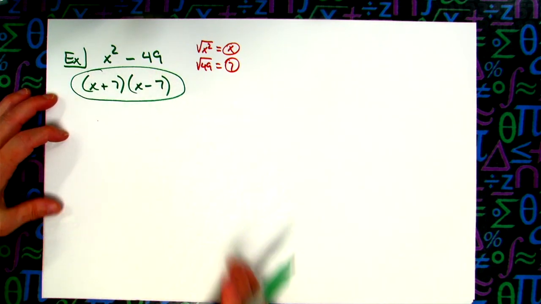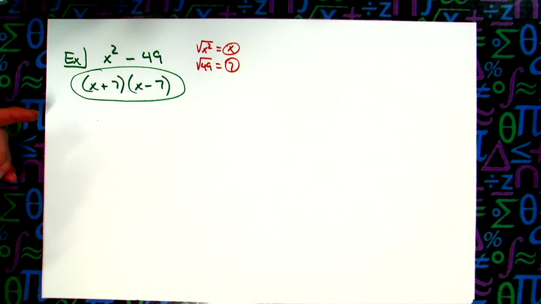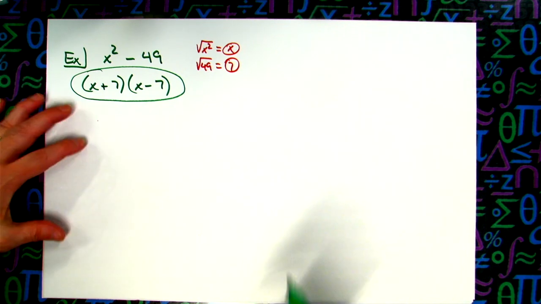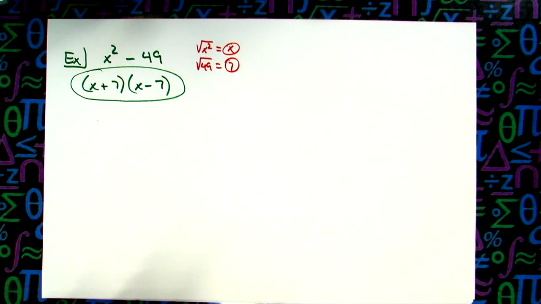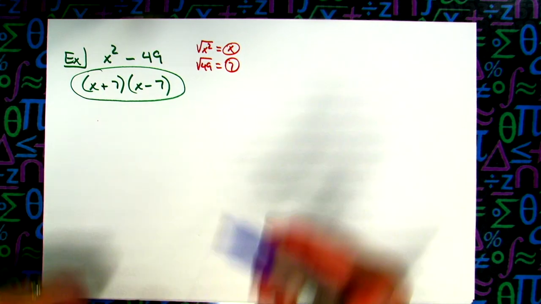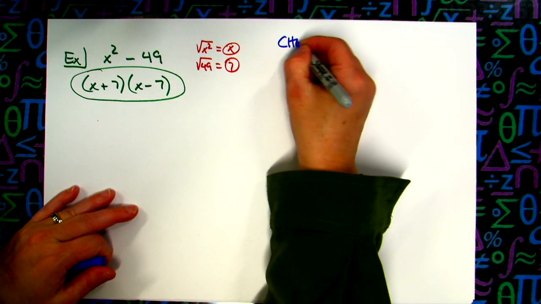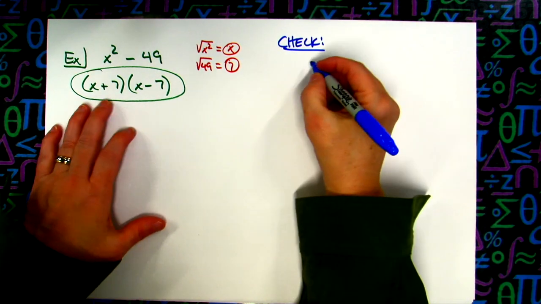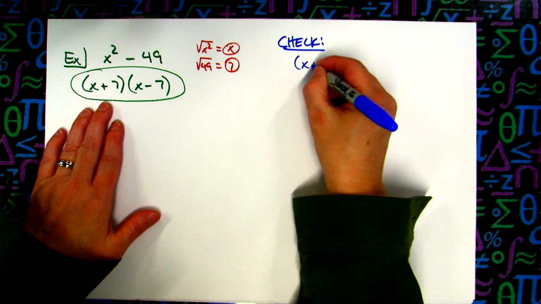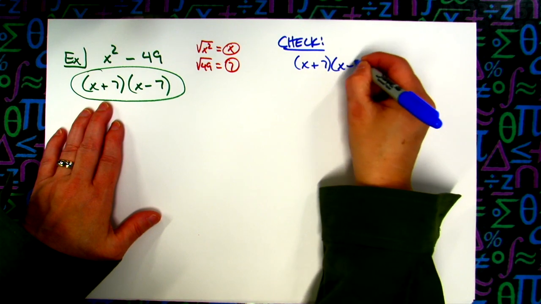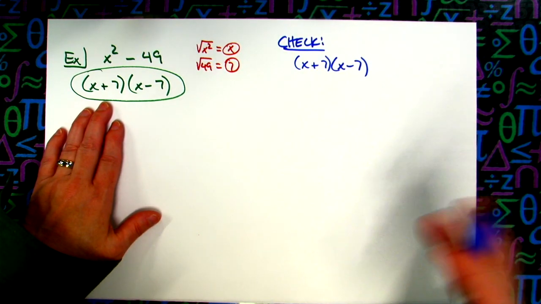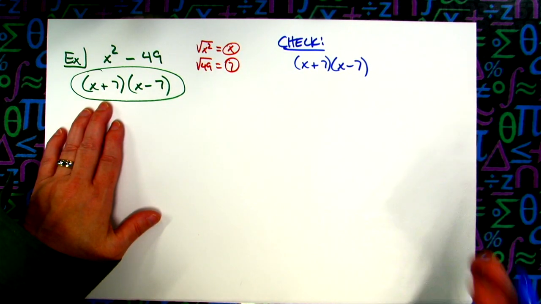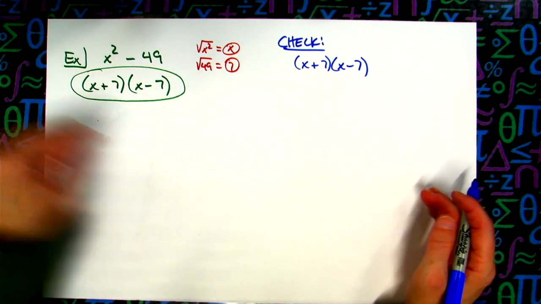Now technically, if I wanted to FOIL that out or multiply it out, I could check to see if it works. On this first one, let's go ahead and do a check just to see. We won't do a check on all of them, but we'll check on this one. So if I am going to do a check, I should be able to take x plus 7, x minus 7, and do our repeated distributive property, multiply it back out, and get what I started with.